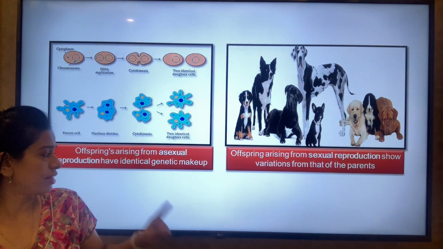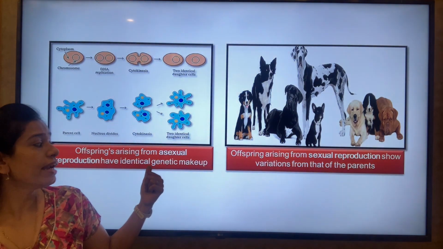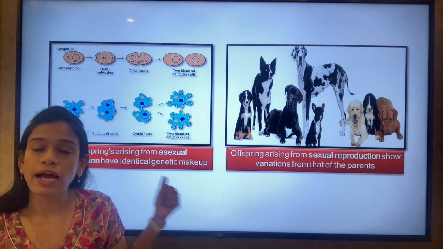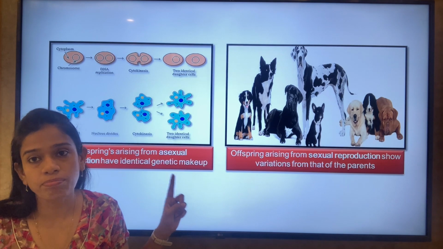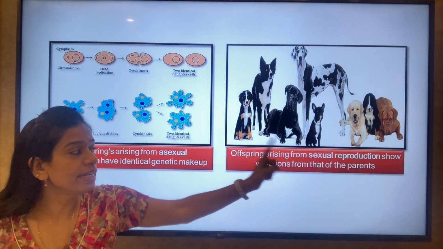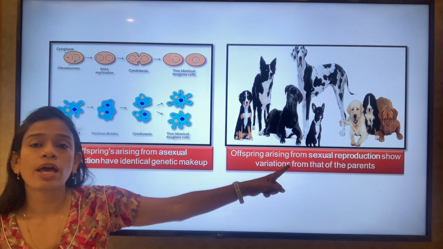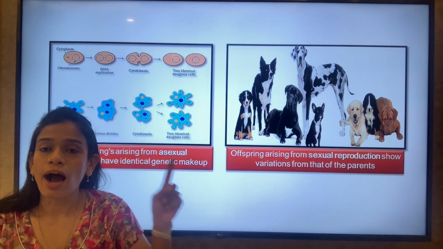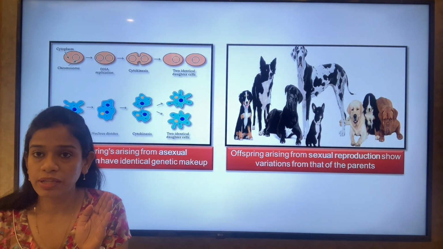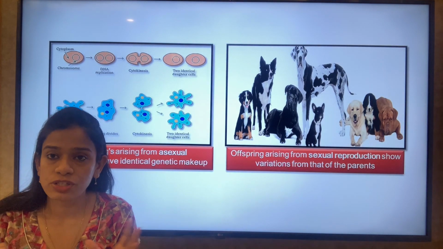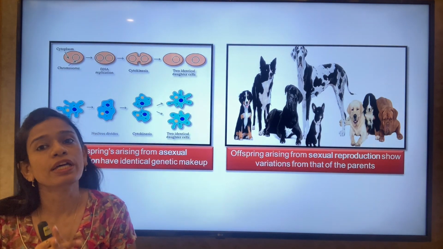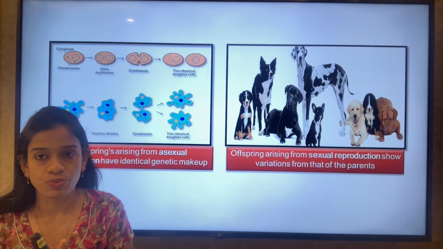Identical means an exactly similar copy of the mother amoeba. But here, half of it comes from the mother and the other half comes from the father, so there is a mixture of both genetic constituents.